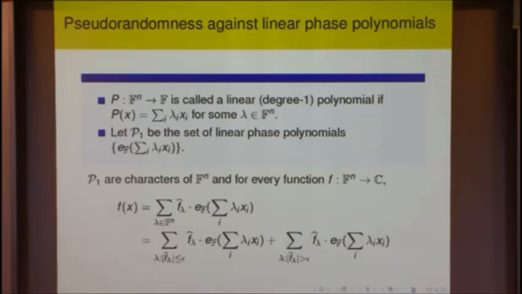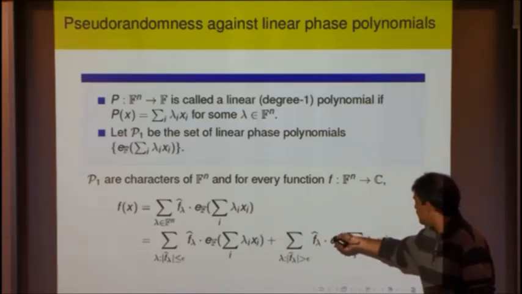So for any function f, if you expand out f in its Fourier decomposition, where f hat of lambda are the Fourier coefficients, and you are writing it in terms of exponentials of linear polynomials, then we can split this sum into two.